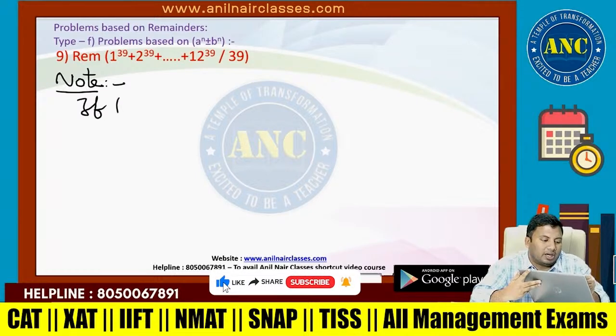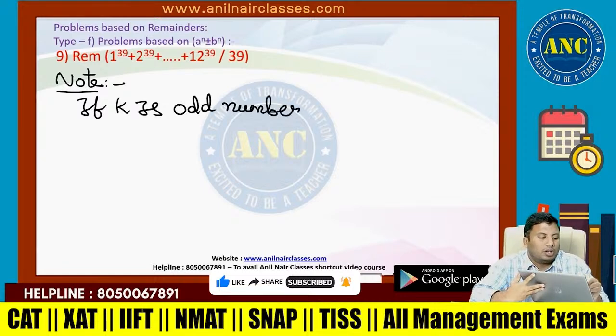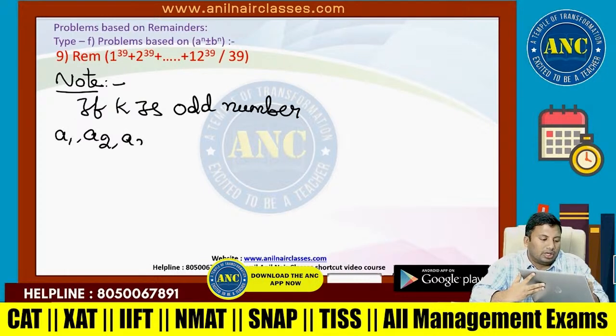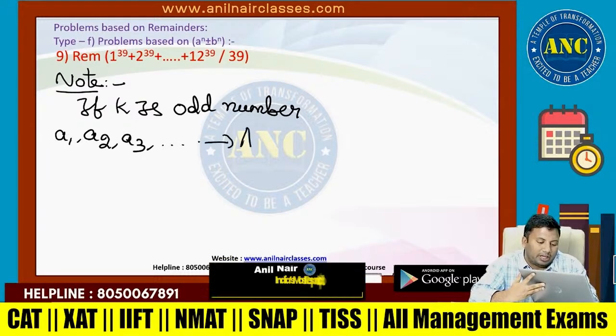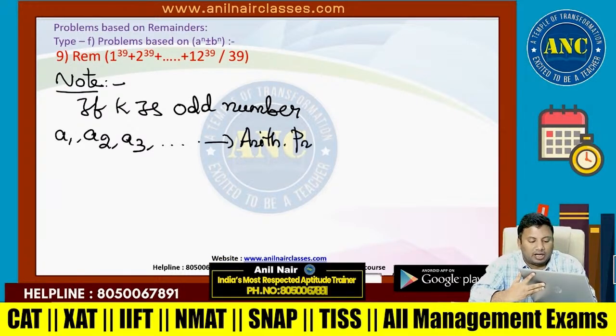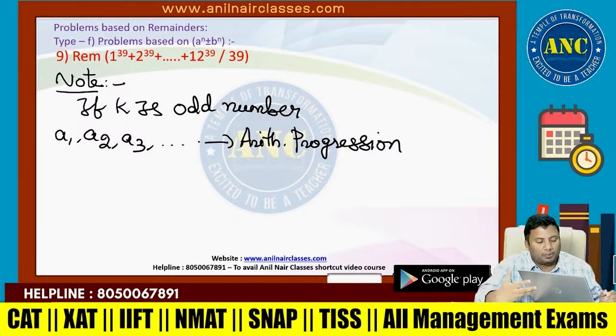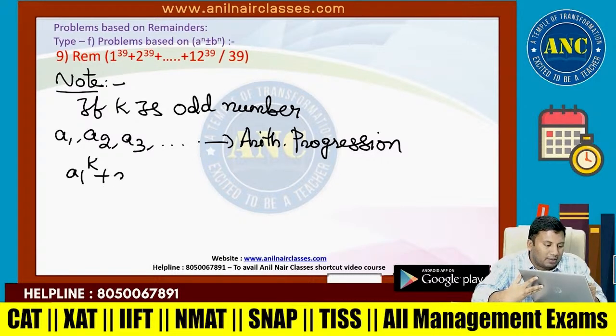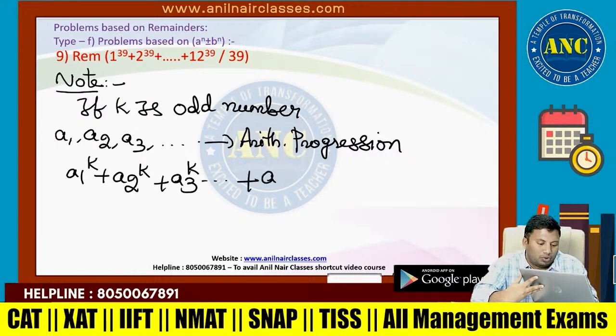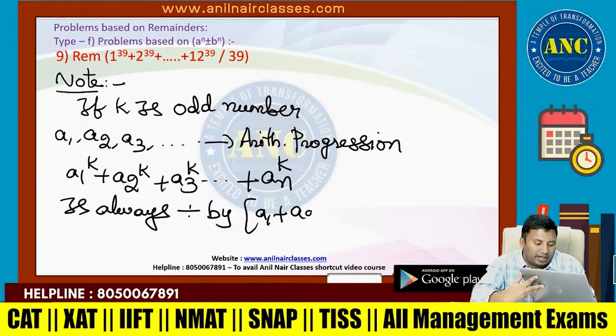If k is an odd number, and a1, a2, a3 are in arithmetic progression, then a1 power k plus a2 power k plus a3 power k and so on up to an power k is always divisible by a1 plus a2 plus a3 and so on up to an.